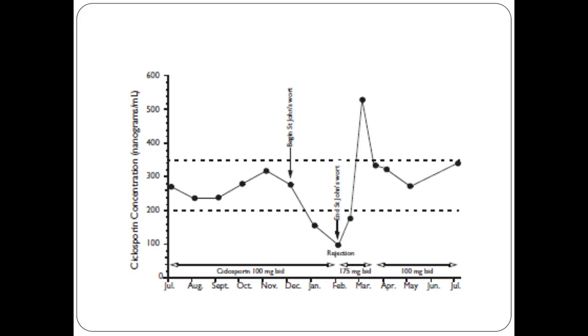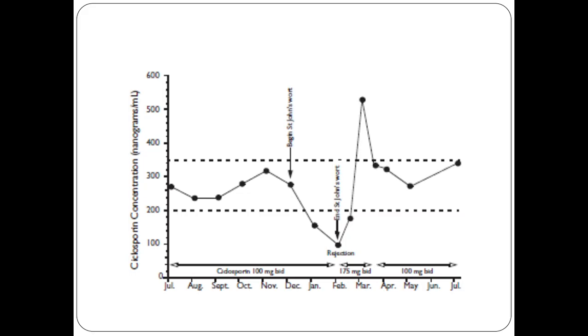This is the diagram showing the concentration of cyclosporine is decreased after giving St. John's wort, and there will be graft rejection in the case of cyclosporine, and the efficacy will be reduced, and there will be rejection.